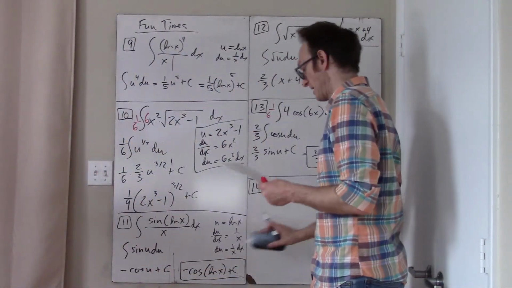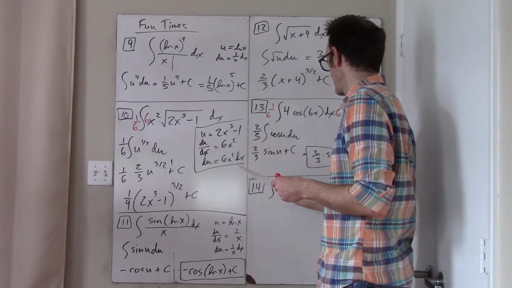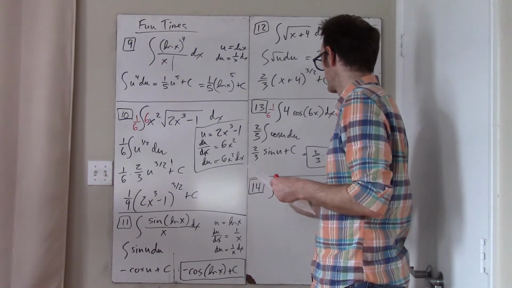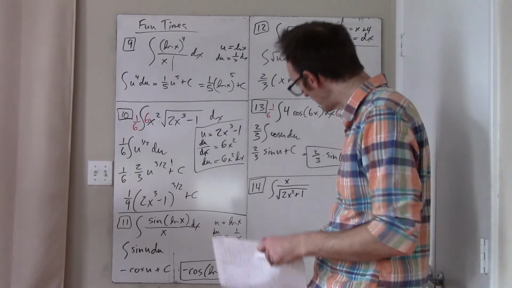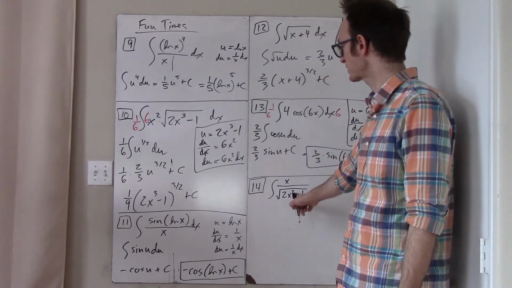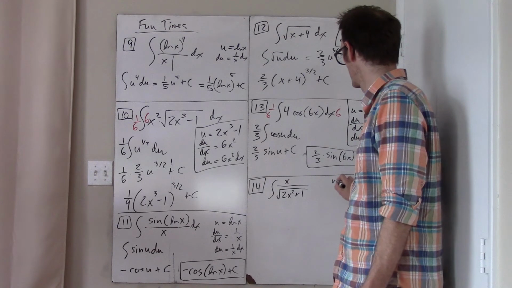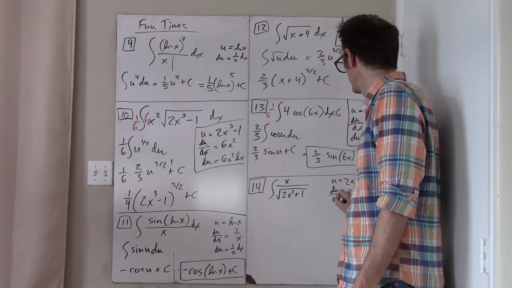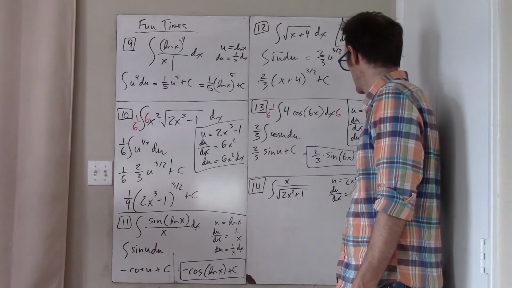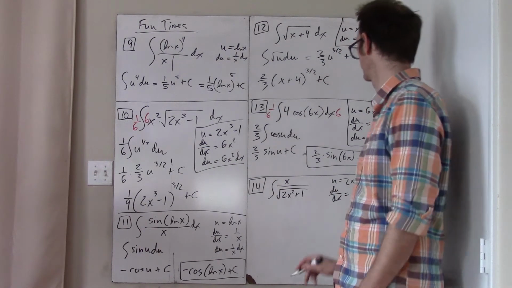Wrong problem. 14 is x over root 2x squared plus 1. Well, here there's a clear inner and outer function. The inner function is 2x squared plus 1. So if I let u be 2x squared plus 1, then du dx is 4x.